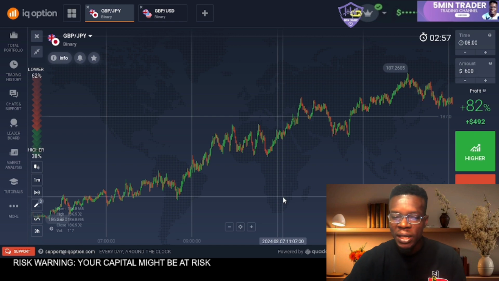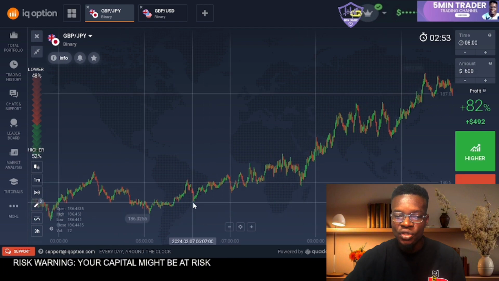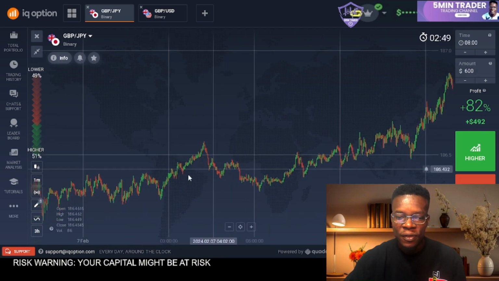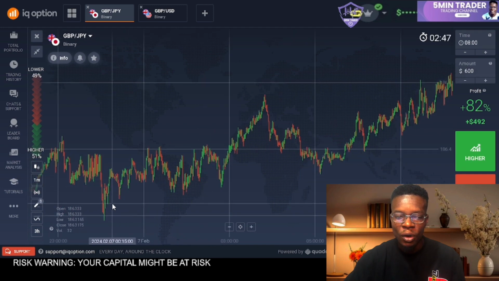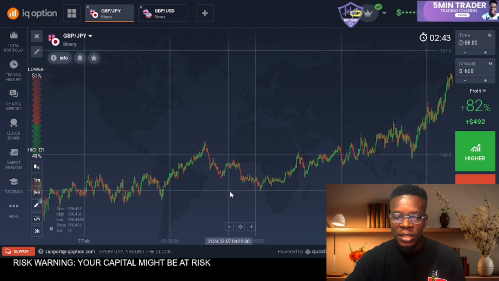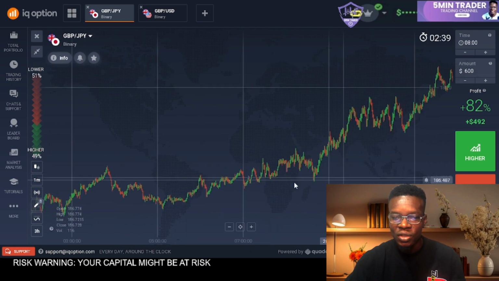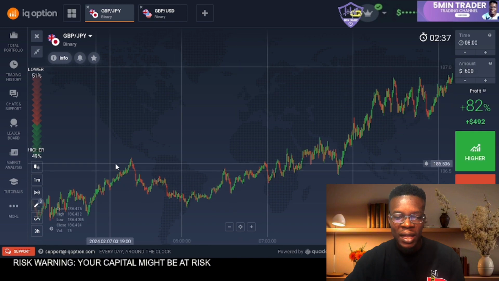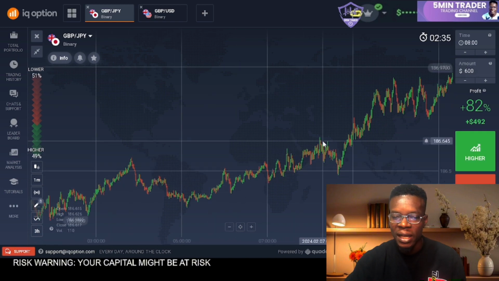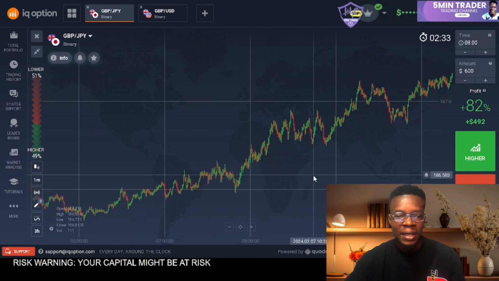Looking at this chart, you would see that this was a very strong uptrend, because the price was moving in favor of the buyers from all these levels. You see, these are lows, these are higher lows, and you can see that we're having higher highs, higher highs, and higher highs as well.